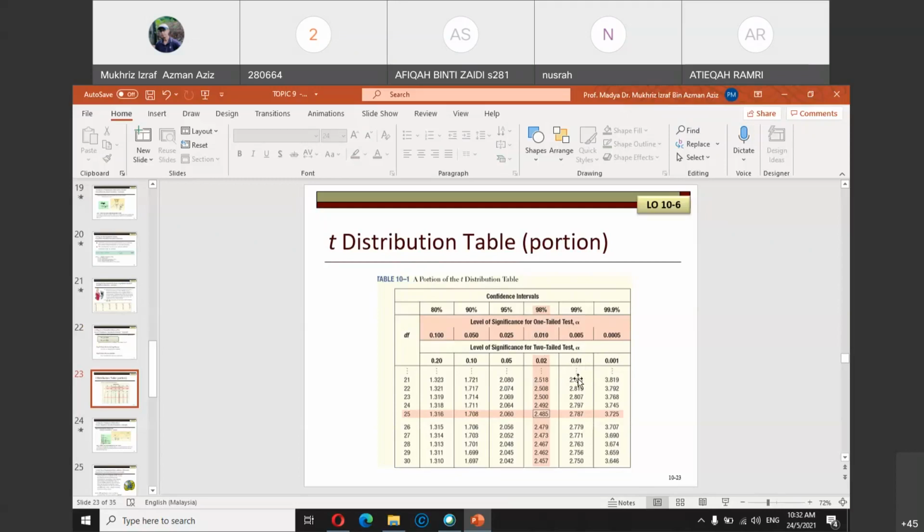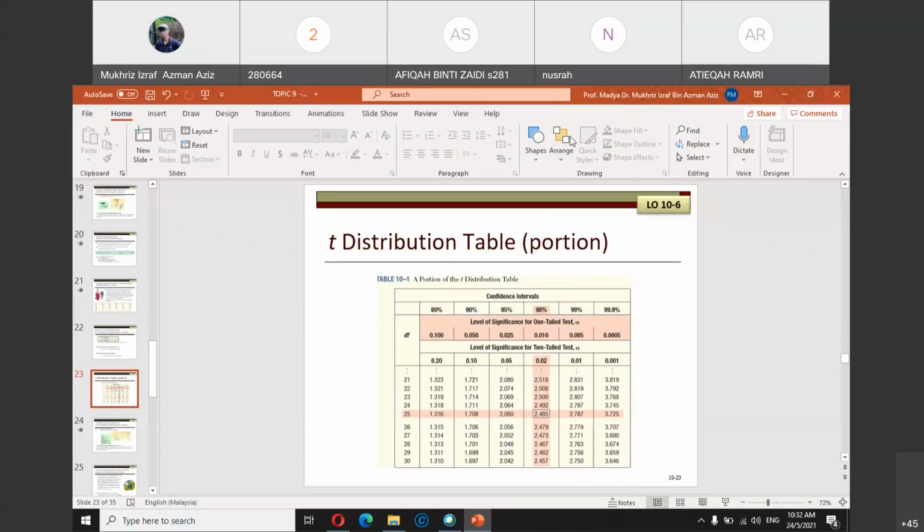If you use that one, it will be wrong. The critical value will be wrong. If you choose the wrong critical value, you may end up with a wrong conclusion. Because the value is different, you may end up rejecting when actually you cannot reject H0. So refer to the correct row in the t table.